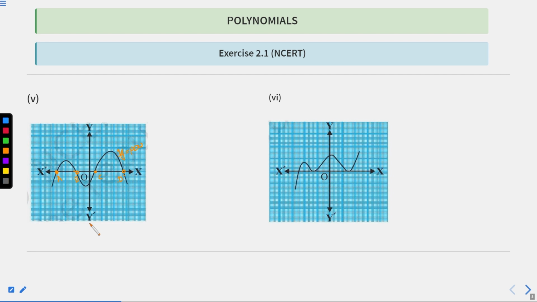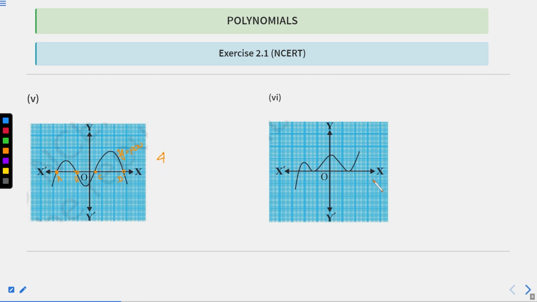So the zeros of the polynomial p of x are the x coordinates of the points a, b, c, and d. So the total number of zeros for the polynomial p of x is 4.